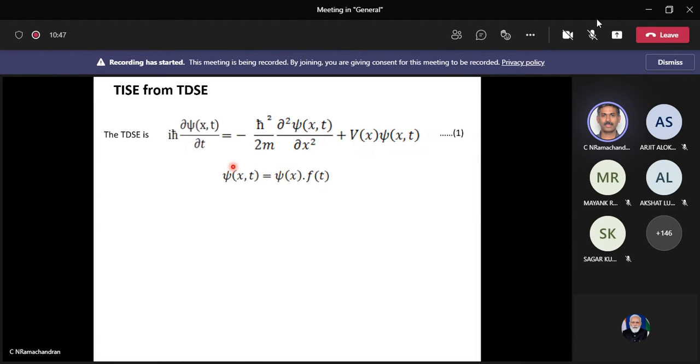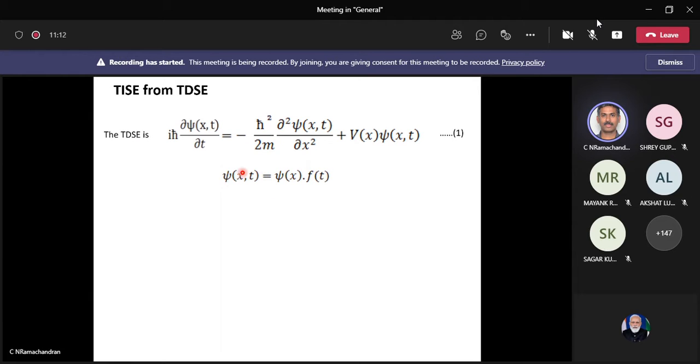For that, for the time being, let us think of psi of x, t, that psi is a wave function, that is a function of position and time. Now we are splitting it into 2 terms: a product of one function that depends only on position and another function that depends only on time.